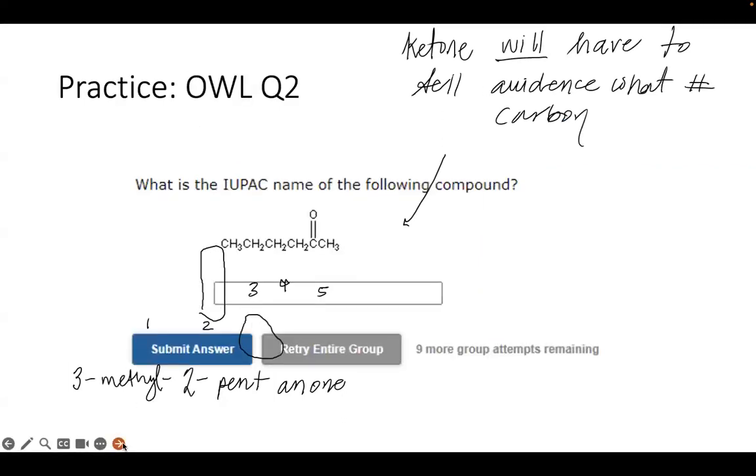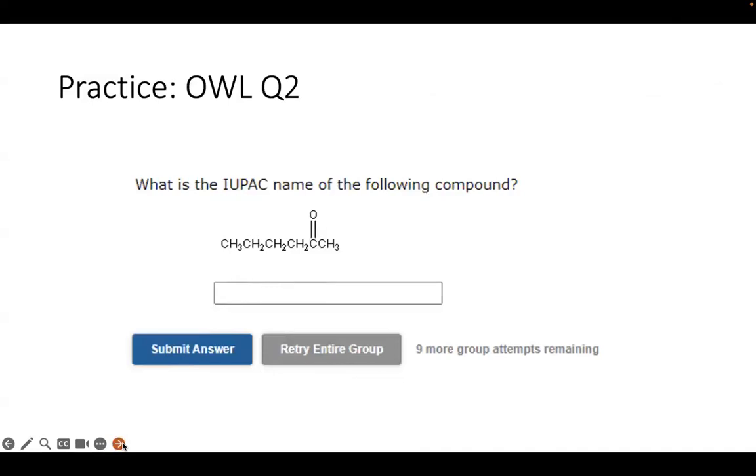So let's do an example from your OWL. I could number left to right or right to left. I always want to make the functional group the star of the show, and so I'm going to choose this naming convention.